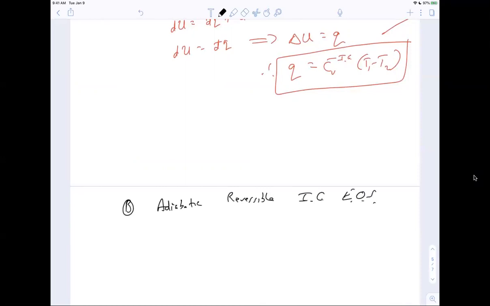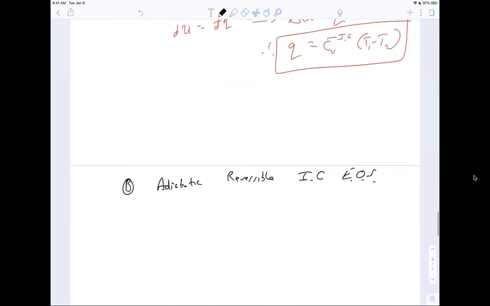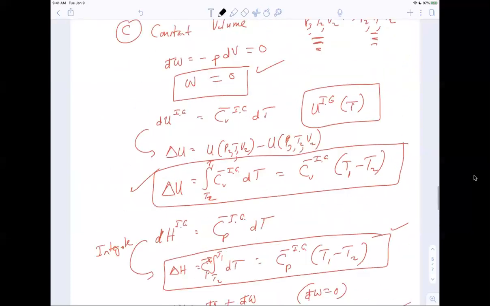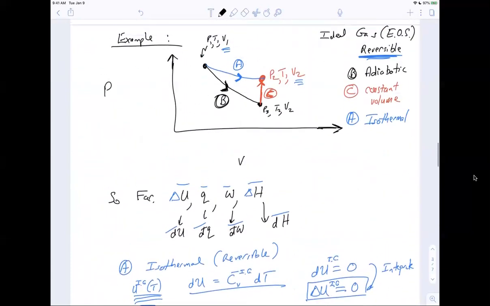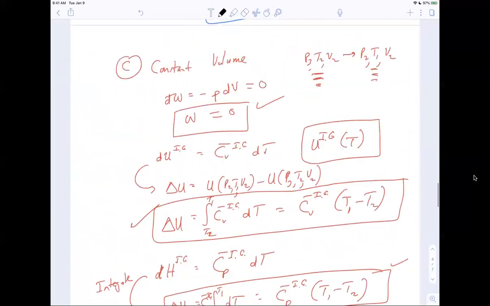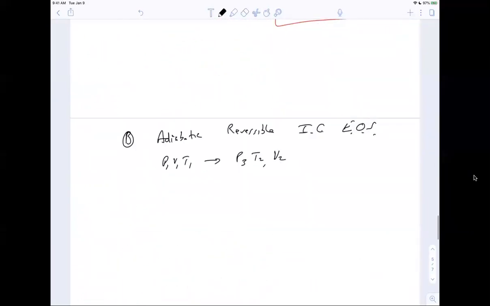And it goes from P1 V1 T1 to P3 T2 V2. Let me make sure. P3 T2 V2. Yep. Okay, so that's the process we're looking for here.